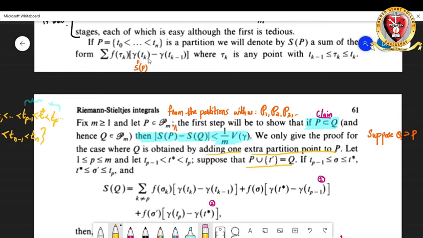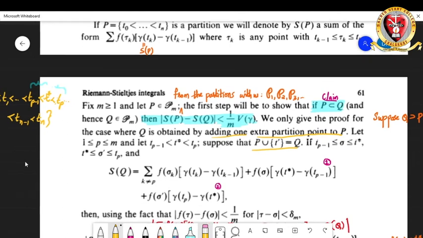From the definition, we know that tau k is coming from the subinterval tk minus 1 and tk. Since we are considering a new partition Q, this tk might be different, so the choice of point will be different for this Q. So I am going to choose it as sigma k. And there is also another difference: we had introduced a new partition point, so we have to take that into consideration.